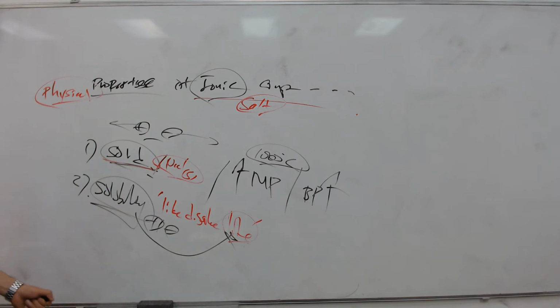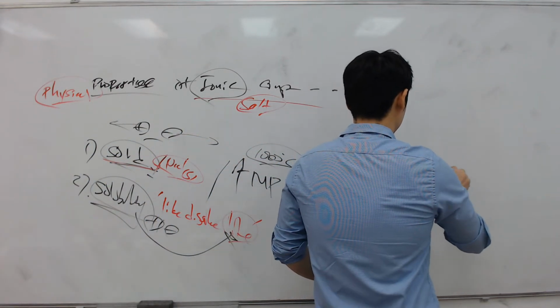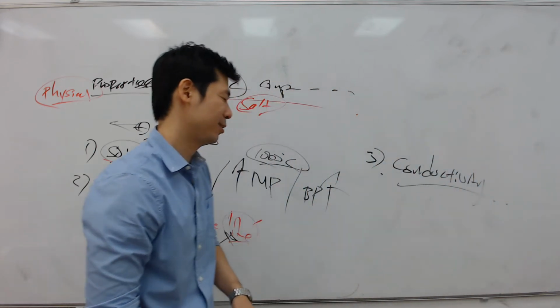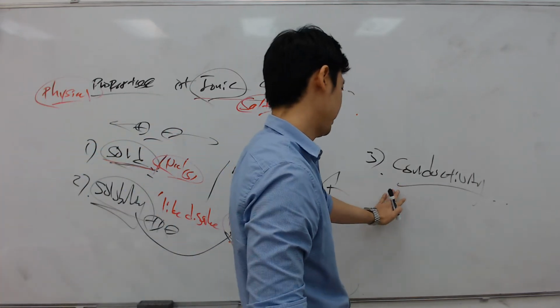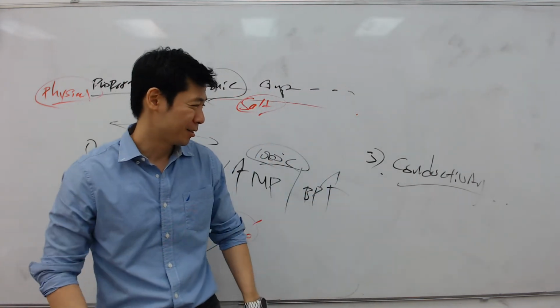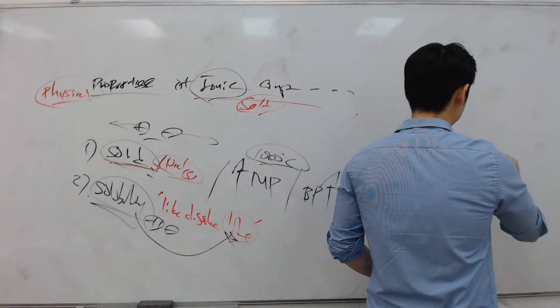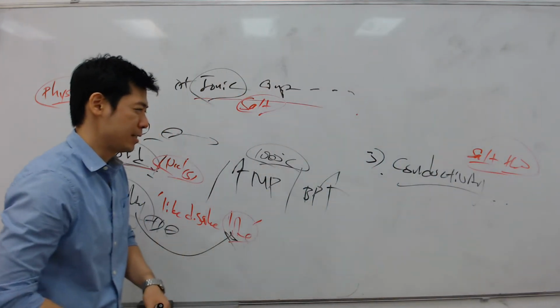And now, conductivity. This is where a lot of questions begin. Not that you have to learn up to the level of physics, like moving currents and stuff like that. It's the conductivity of electricity. For example, if you have salt water, they are conductive, carrying currents.